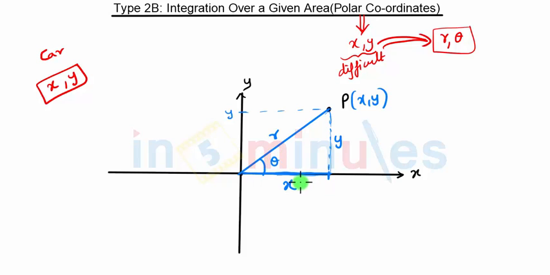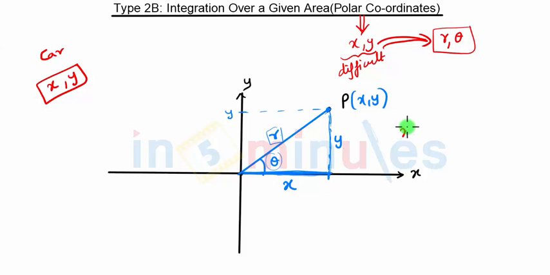This line is at angle theta. Now if you see here, we have the x coordinate of this point and the y coordinate of this point, but we don't know r and theta. So we can convert these x and y coordinates in terms of r and theta.